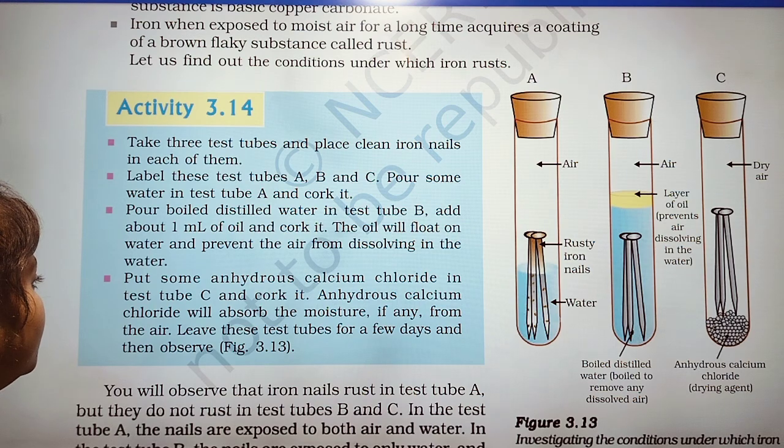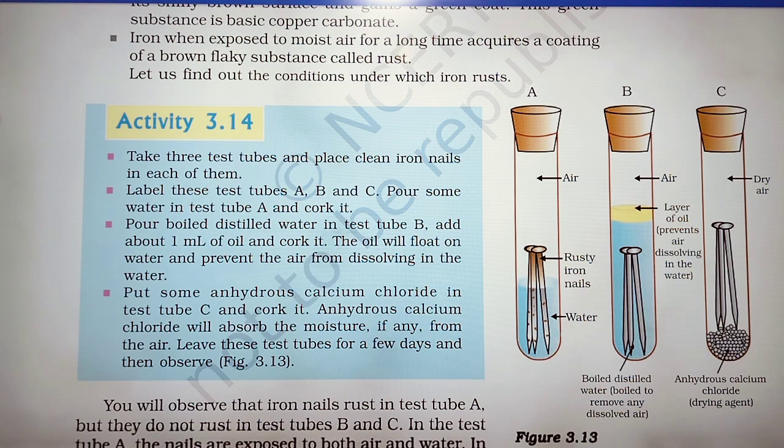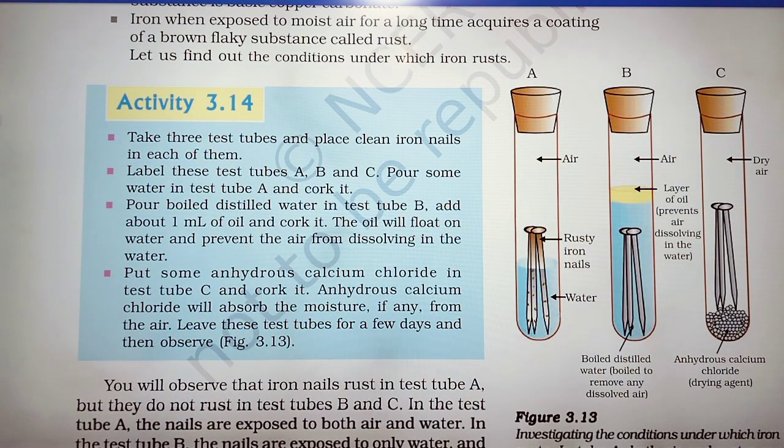Now put some anhydrous calcium chloride in test tube C, and cork it.